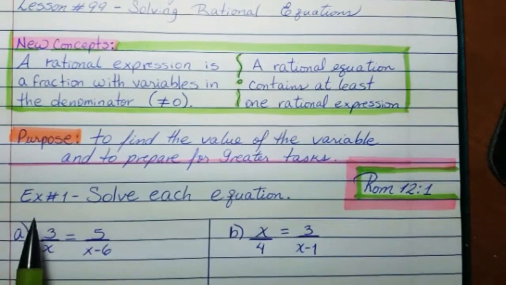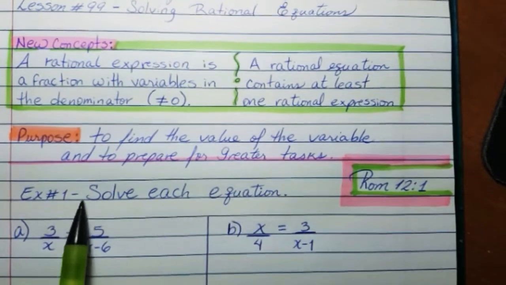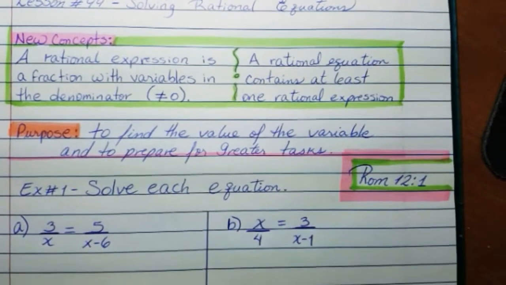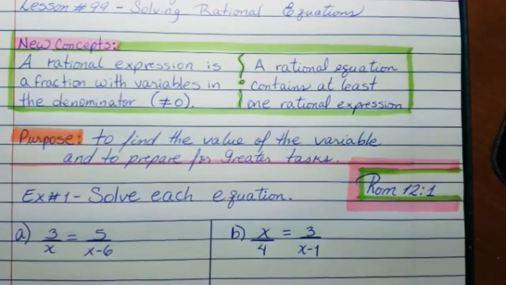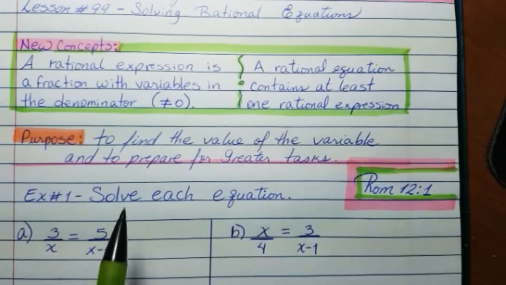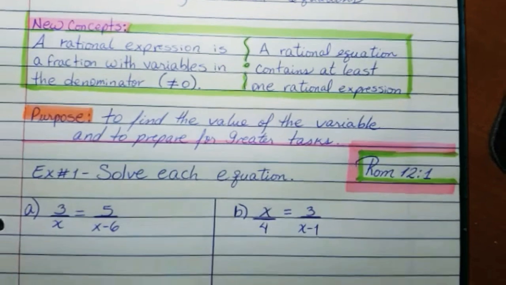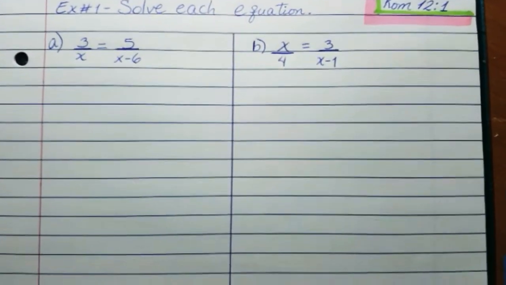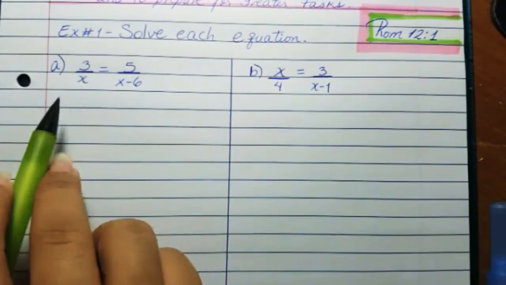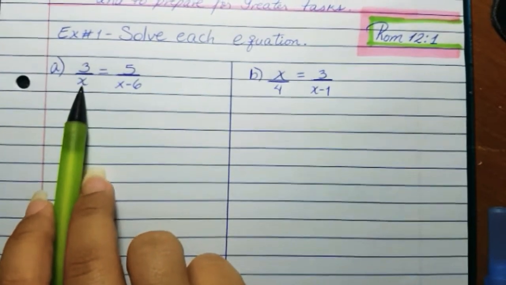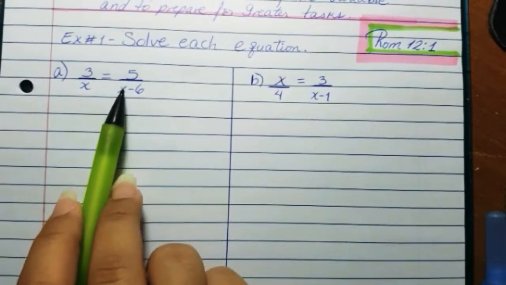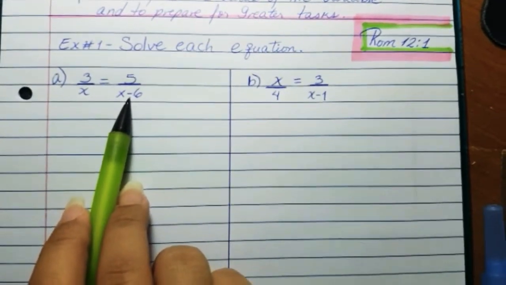So let's see. Example number 1 says, solve each equation. When they say solve, remember, they're trying to tell us to find the value of the variable. So let's move on. Example A says, 3 over x equals 5 over x minus 6.